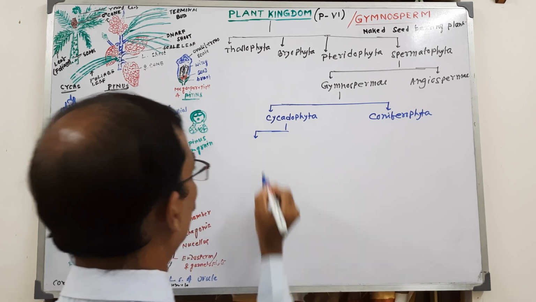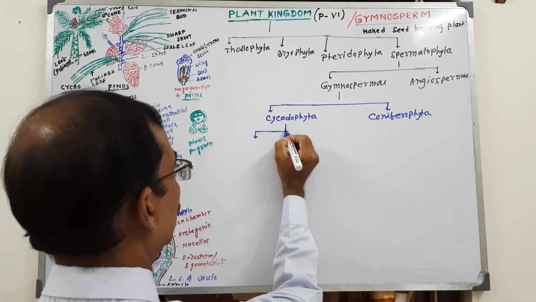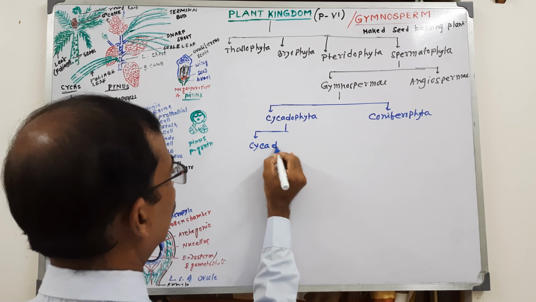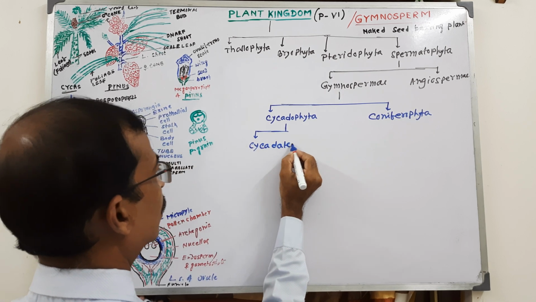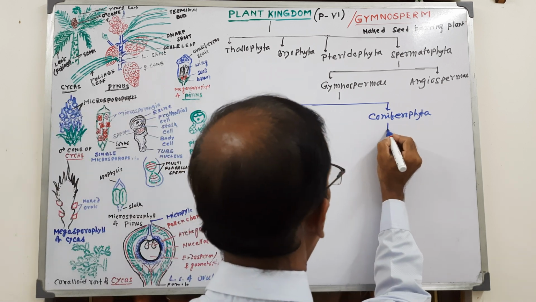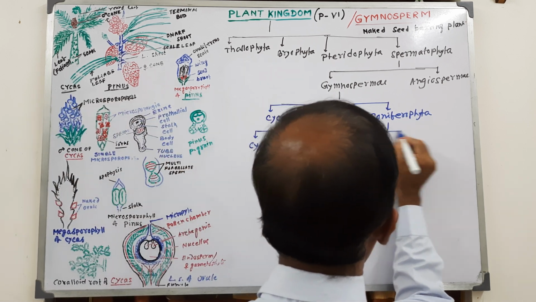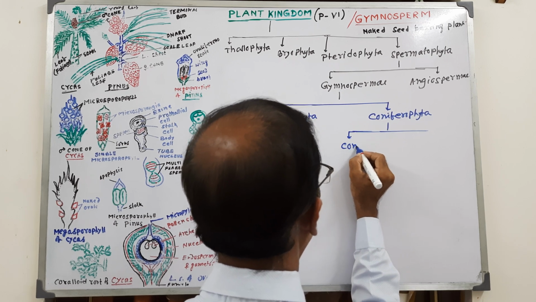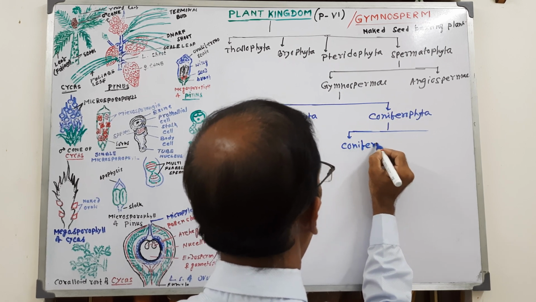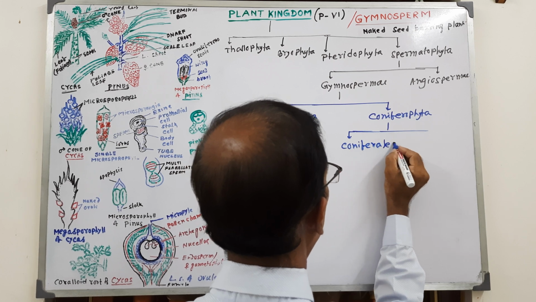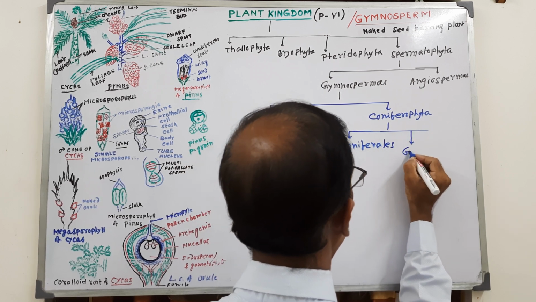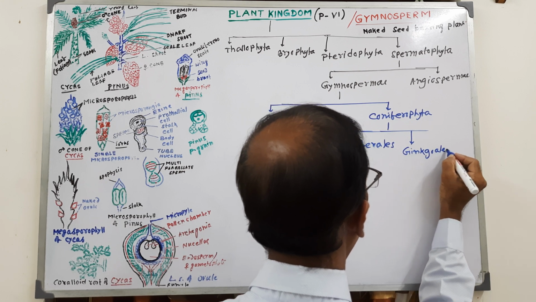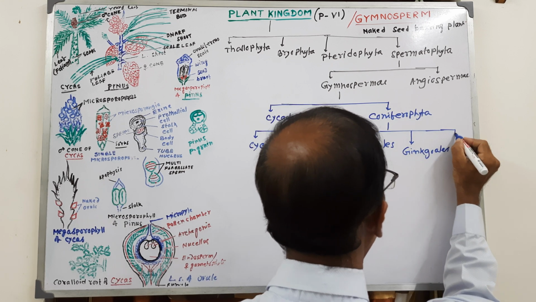Cycadophyta contains one living order, that is Cycadales, and Coniferophyta contains Coniferales, Ginkgoales, and Gnetales.